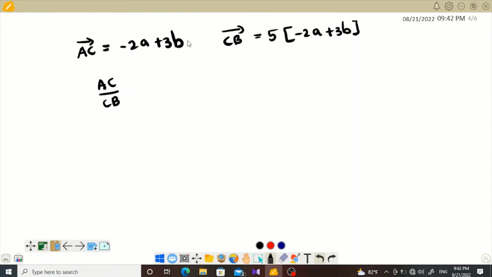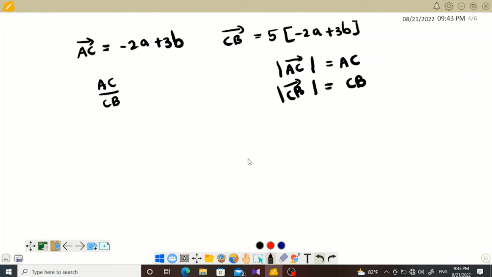We cannot divide these two because these are vectors. We cannot divide vectors, so I am going to take the modulus of these vectors. The modulus of the AC vector equals the length of line AC, so I can write it as AC. The modulus of the CB vector equals the length of line CB, I can write it as CB.